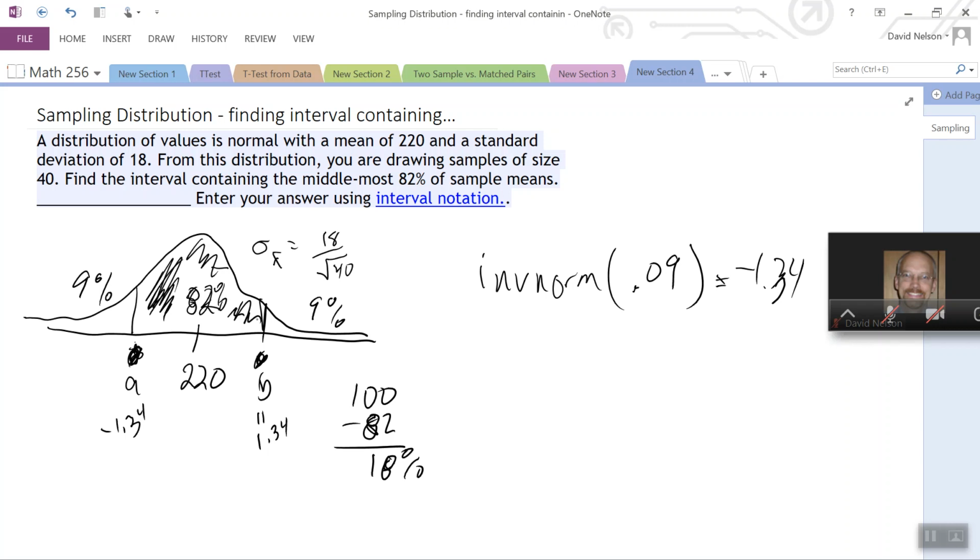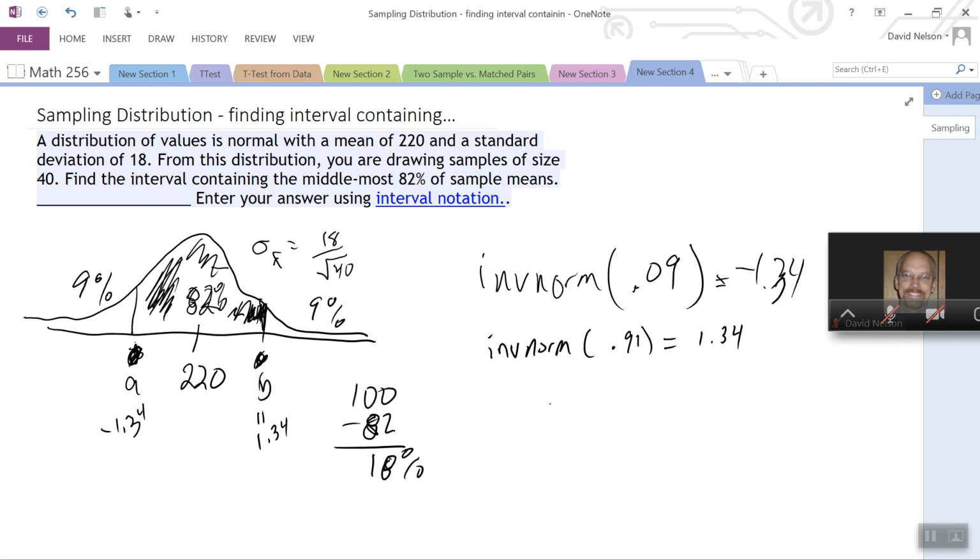Or you can do an inverse norm of the percentage that's to the left of this point, which would be the 82% plus the 9% in the tail. It would be inverse norm of 91%, 0.91. And you should find that that's a positive 1.34 as well.